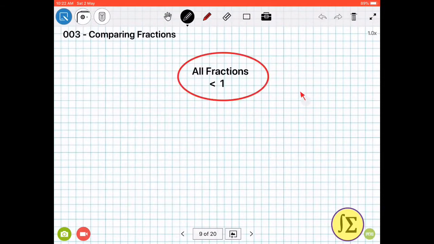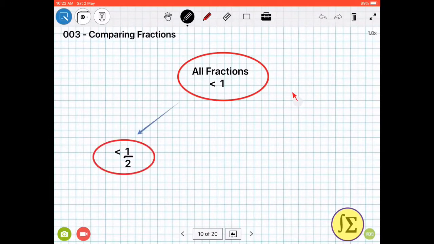Before we go to method number 2, it's good to have a recap of what we learned in lesson number 1, which is that all fractions have a value less than 1. Fractions have a value between 0 and 1. So we can divide fractions into 3 groups.